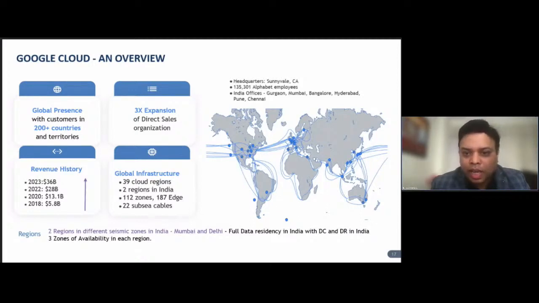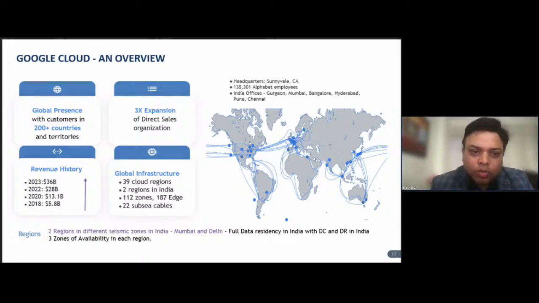So these lines which you see across the map are actually representing the undersea cables which Google laid, representing the internet backbone. And this is what we package and offer to our customers when they consider Google Cloud.